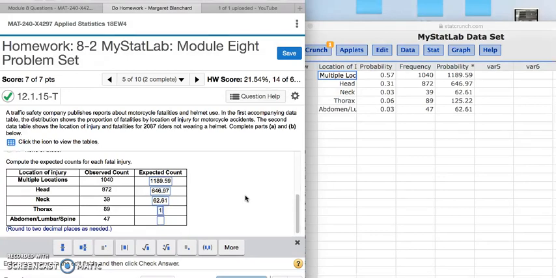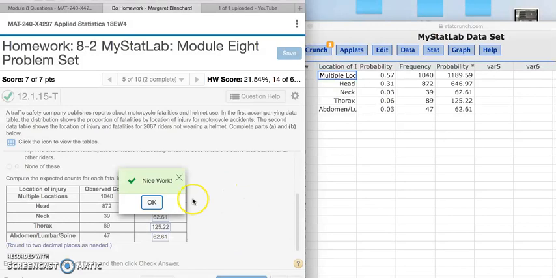For the thorax, it's 125.22. And for the abdomen, lumbar spine, the core there, we have 62.61. Now remember, our expected counts are not going to be whole numbers. We're multiplying the probabilities by the total number, so we're expecting decimal places here.